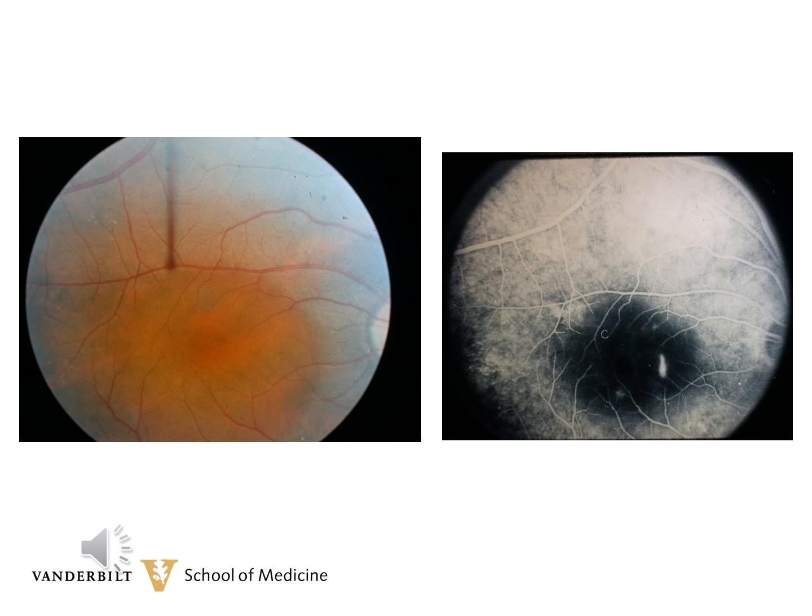Where there is the elevation, you do not see the choroidal markings very well. There's a corresponding hypofluorescence of blockage by this fluid that you can see on the fluorescein angiogram. There's a beginning smokestack sign that you can also see nasally, and that is the cause of the neurosensory detachment.